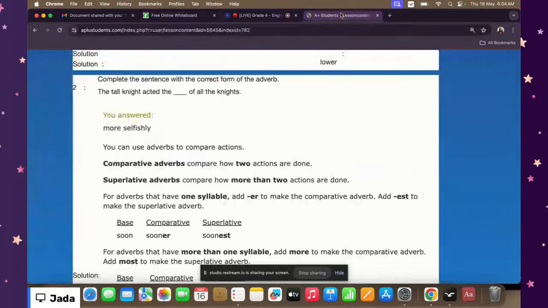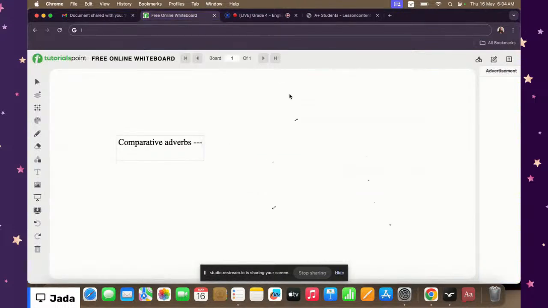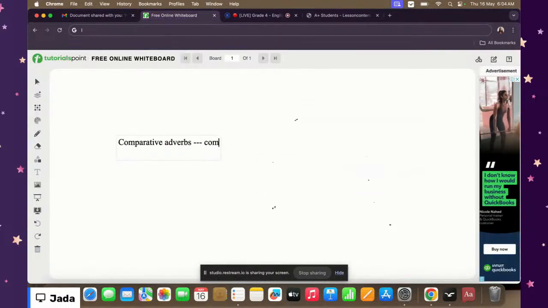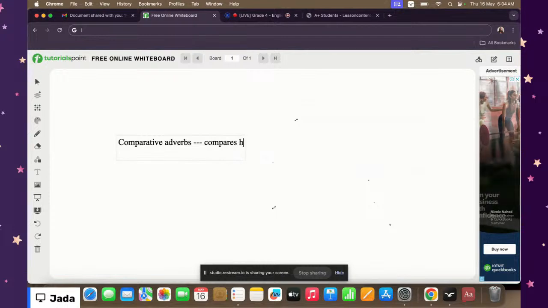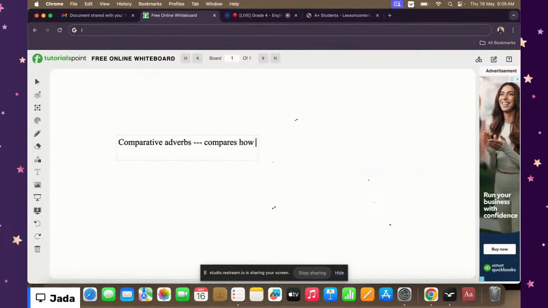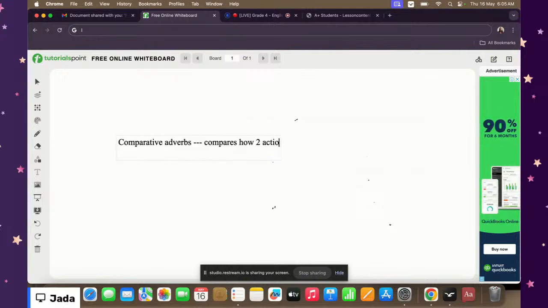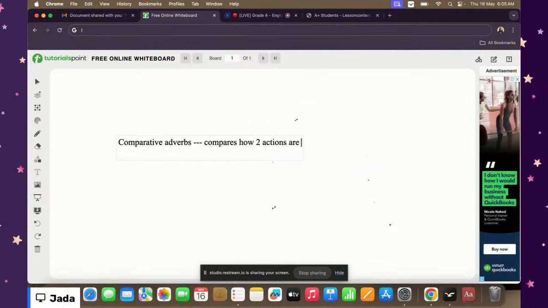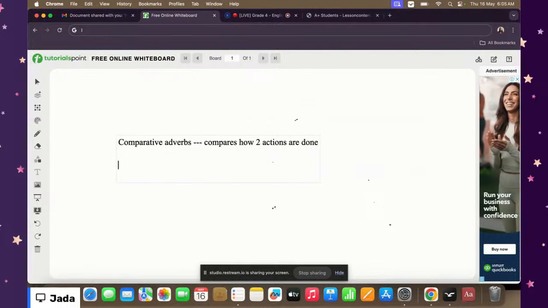Okay, so take note of this here. Compares how two actions are done. And then superlative.